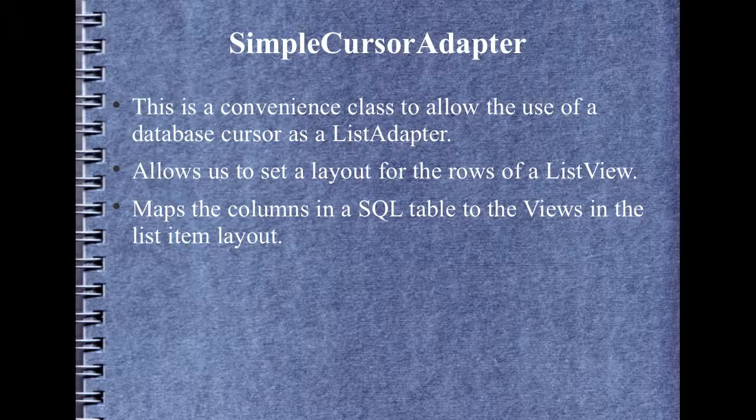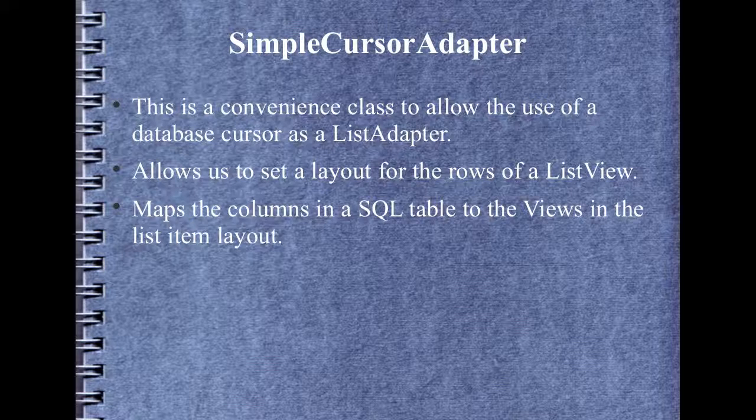We also have a convenience class called SimpleCursorAdapter that allows the use of a database cursor as a list adapter. So we can populate a list adapter from a database cursor. And this is great. It makes using a cursor in a list view a very simple process.